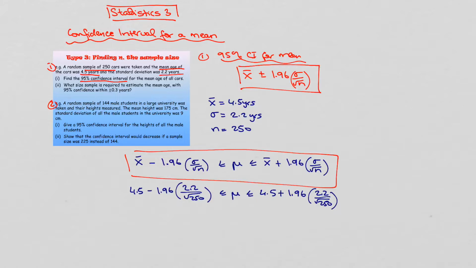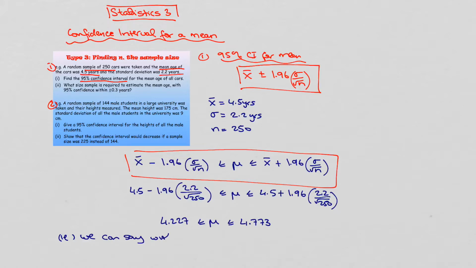So if I put all of that into my calculator, well, what do we get? So we should get 4.227 less than or equal to mu, our population mean, which is less than or equal to 4.773.